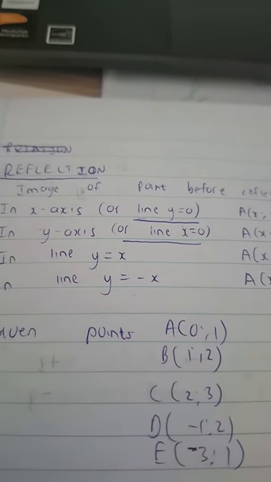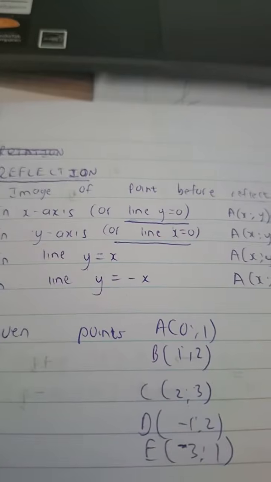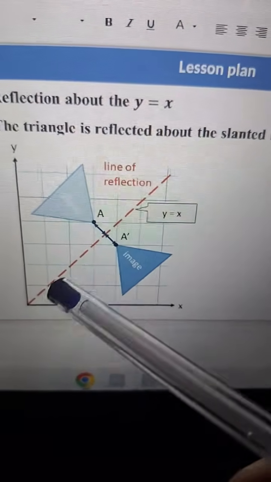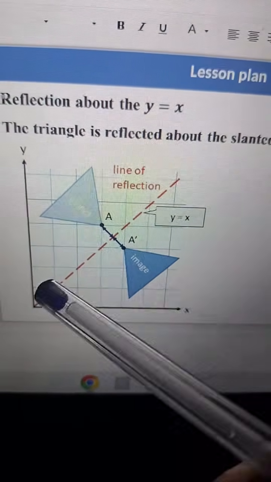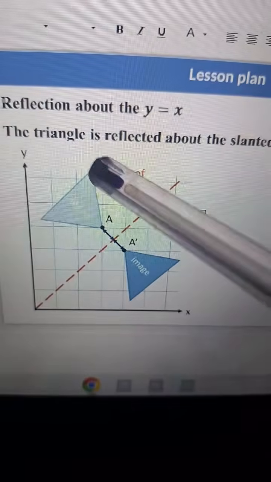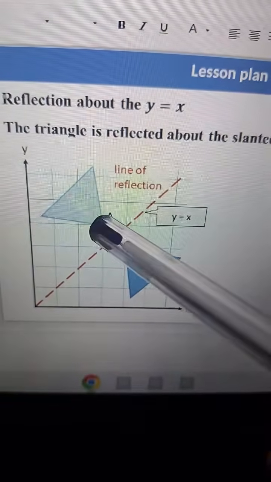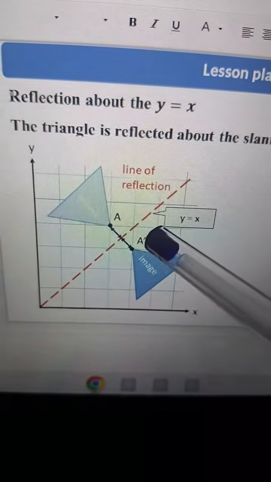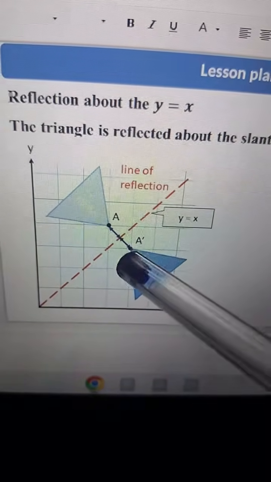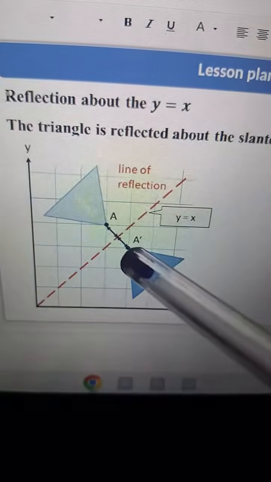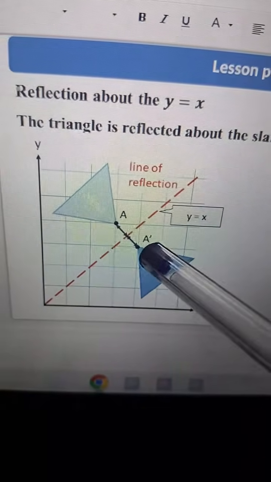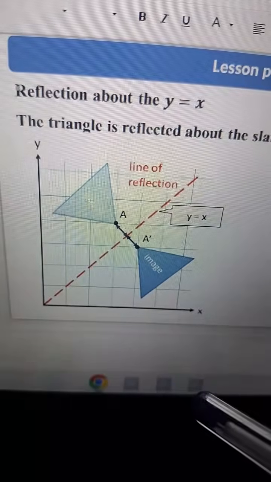And then diagrammatically speaking, if you look at this image here, this is the line y is equal to x. If you are reflecting this triangular object along this line, you're going to find that A compared to the image of A, this point and this point, the x and the y have been swapped around.